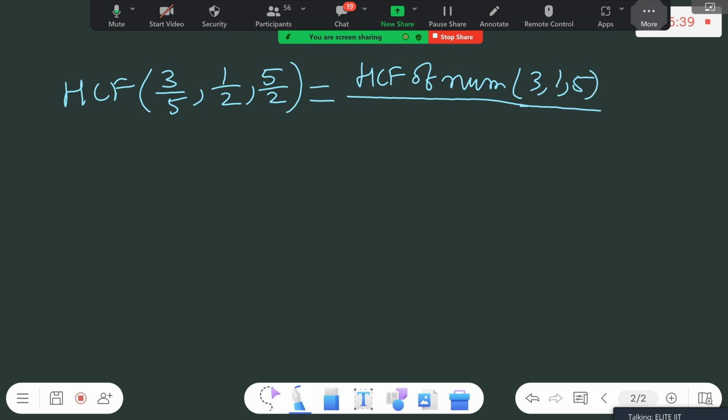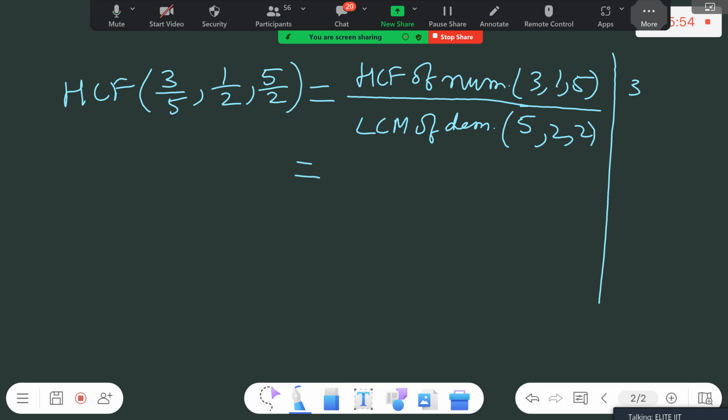And what are the denominators here? LCM of denominators, right? The denominators are 5, 2 and 2. So what is the HCF of 3, 1 and 5? It is 1, isn't it? 3 is a prime number, 5 is a prime number, and we have 1. HCF of prime numbers is 1.